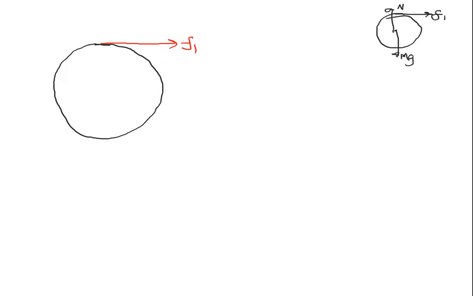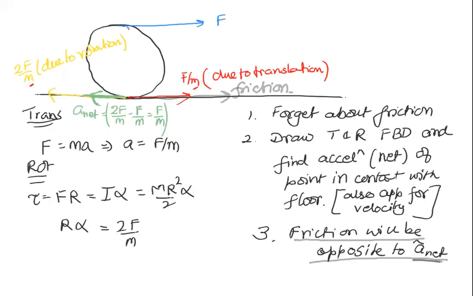Please remember that यहाँ पे जो मैंने लिखा था, forget about friction. So this is not about universal friction. Forget about friction on relevant surfaces. That means जिस surface पे आप निकालना चाह रहे हो friction का direction, उस पे you forget about friction.